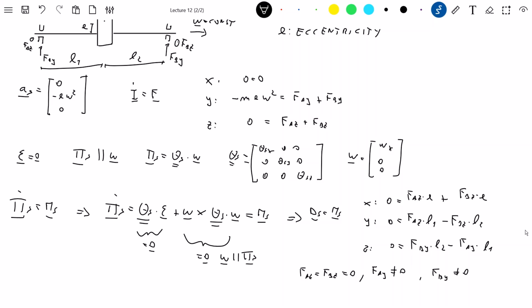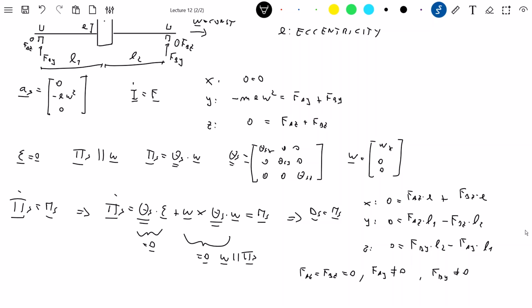So the sum of them is given by this acceleration. Even if you have L1 equal to L2, you will have that F_AY is equal to F_BY, but the sum of them is given by this force, by minus m e omega squared.